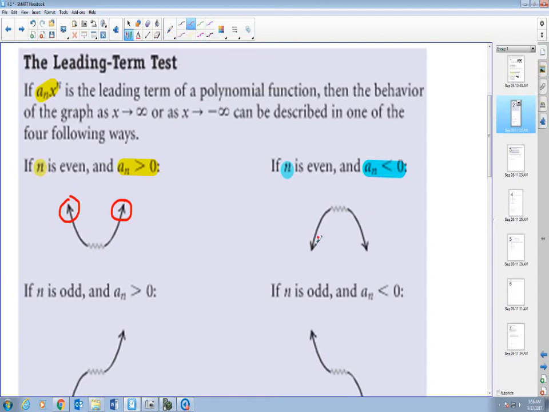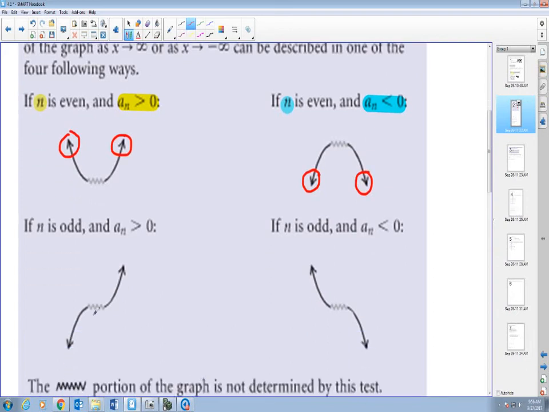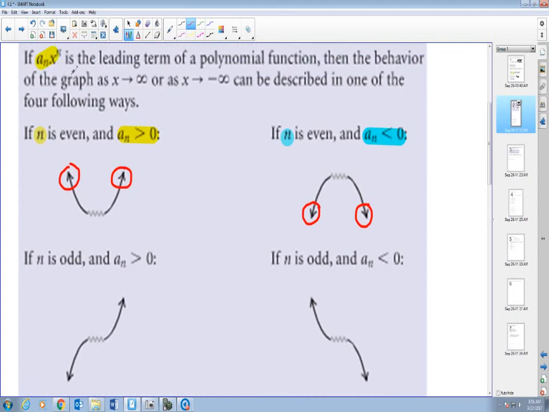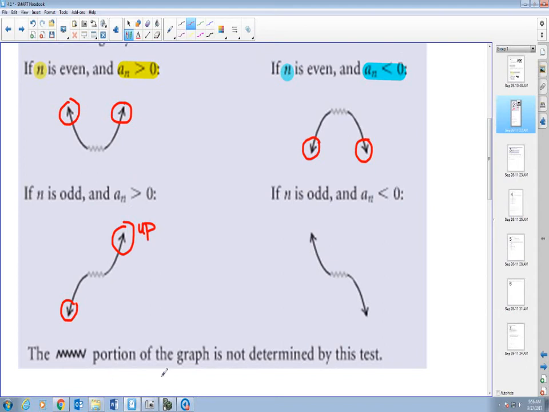The y value will continue to go more negative on both ends. Alright, if I have something like a cubic function, if n is odd, if the leading exponent or the degree of the polynomial is odd, but the leading coefficient is positive, then the right side keeps going up, up, up as x goes to infinity. The other side, as x keeps going to the left, my y value is decreasing.